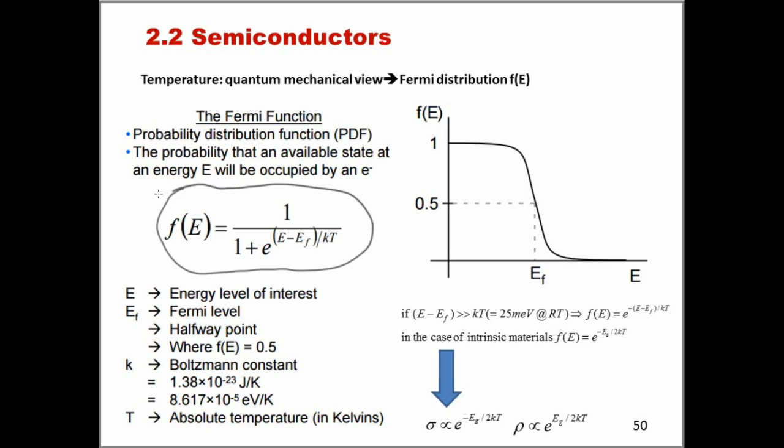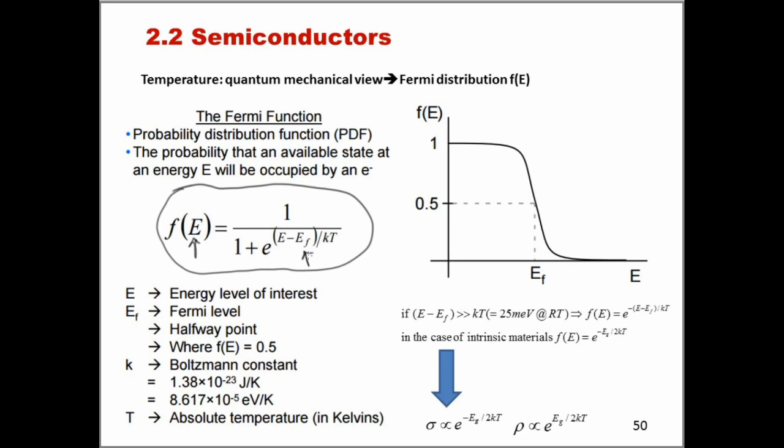This function provides the probability to find an electron in a state that has this energy E. EF is the Fermi energy of the material, we would say in this case.